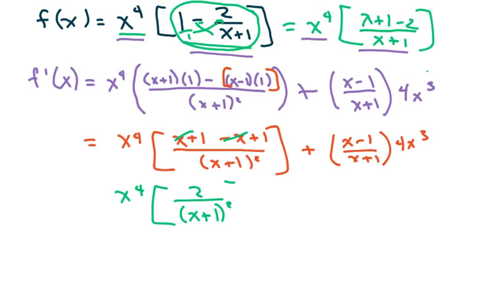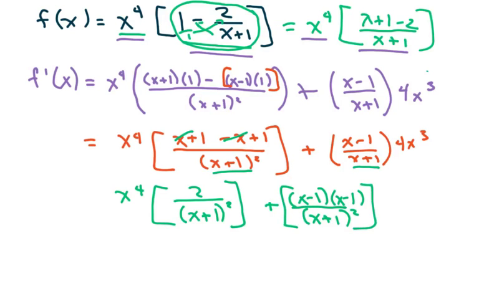Now, for this piece, what I'm going to eventually want is the same common denominator. And you can see this one's squared and this one's not. So I'm going to make this one squared as well. And when I do that, I have to also multiply the numerator by that, times 4x cubed.